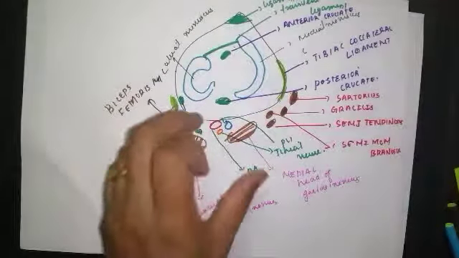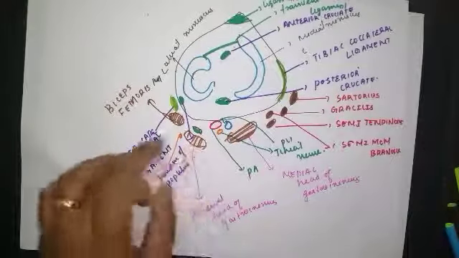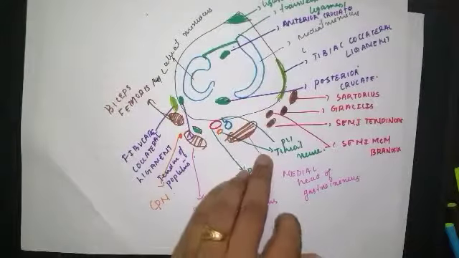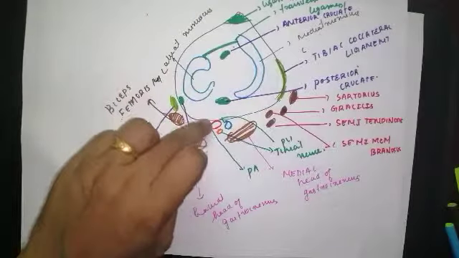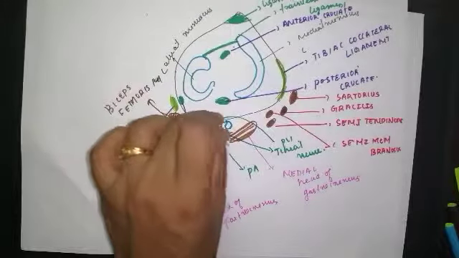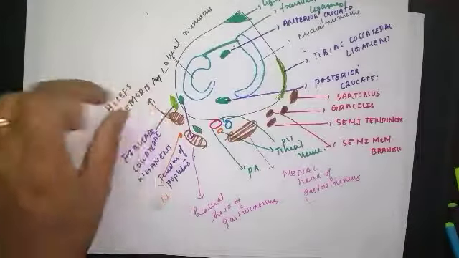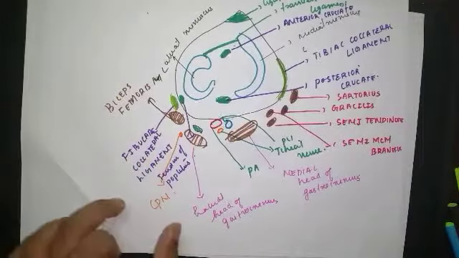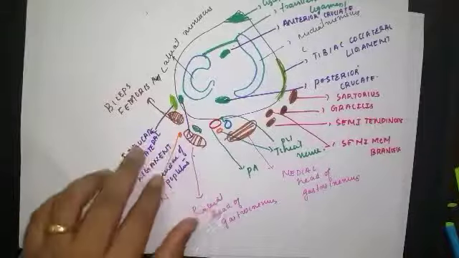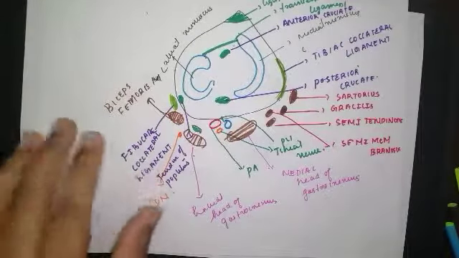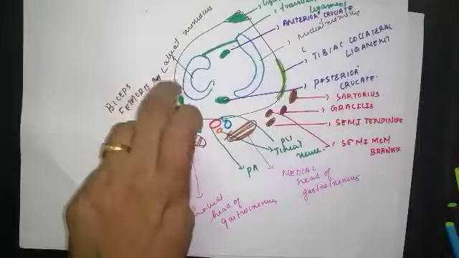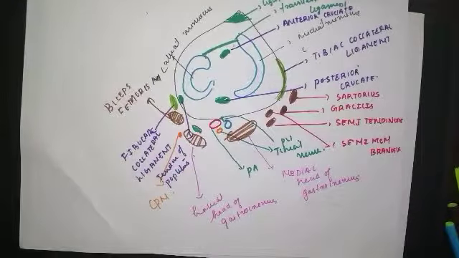On the posterior lateral and posterior medial aspects you have the lateral and medial heads of the gastrocnemius, and at the center of the posterior aspect you have the popliteal artery, popliteal vein, and the tibial nerve here. On the lateral aspect you can see the biceps femoris, and the common peroneal nerve also. And the intracapsular one is the tendon of the popliteus. So if you learn the relations, it will be easy to draw the cross section.